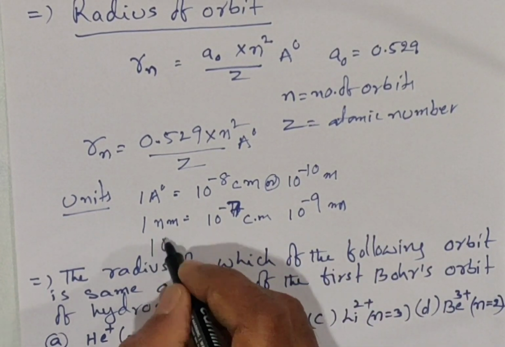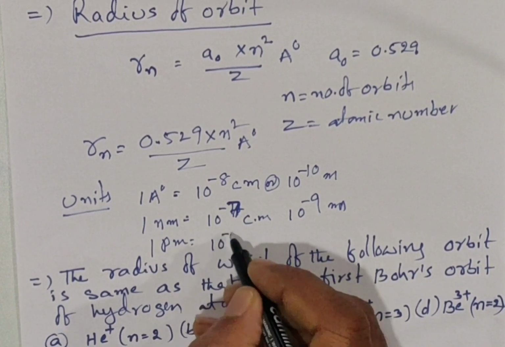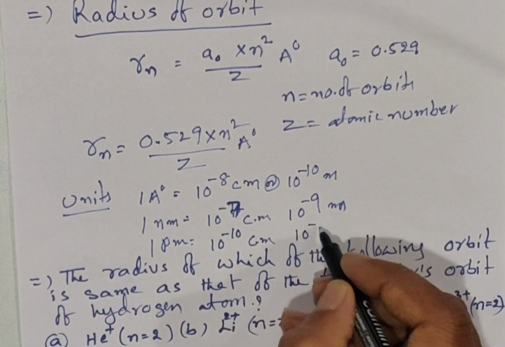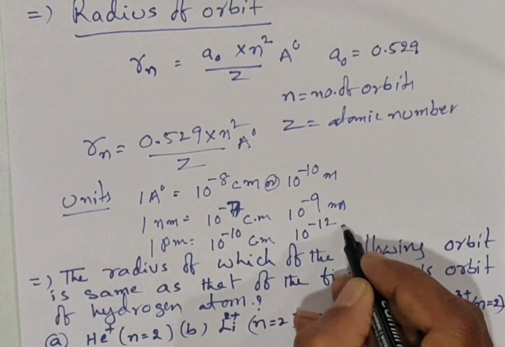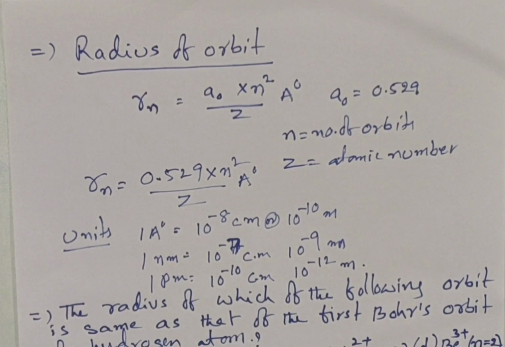Then 1 picometer is equal to 10 power minus 10 centimeters, 10 power minus 12 meters. You have to remember these values of units, right?